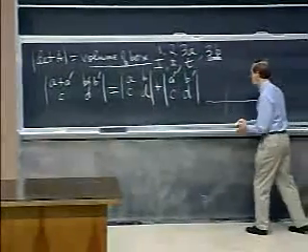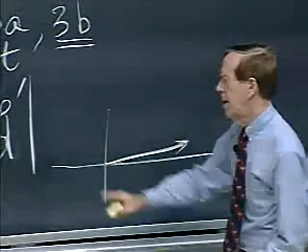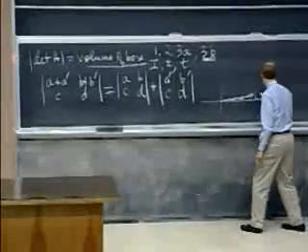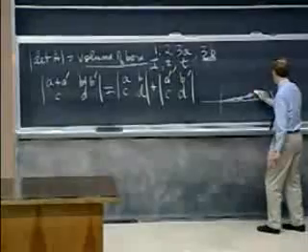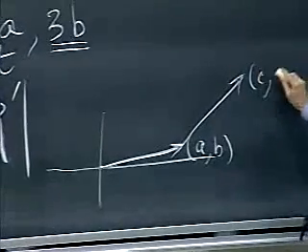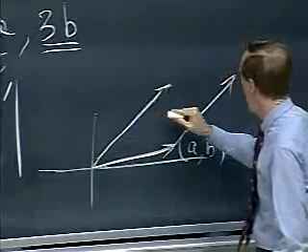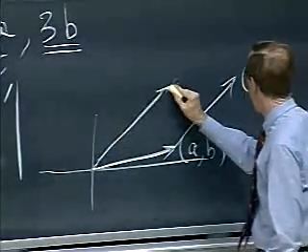Okay, here's the parallelogram. I have the row AB. That's the first row. That's the point AB. And I tack on CD, CD coming out of here, and I complete the parallelogram.